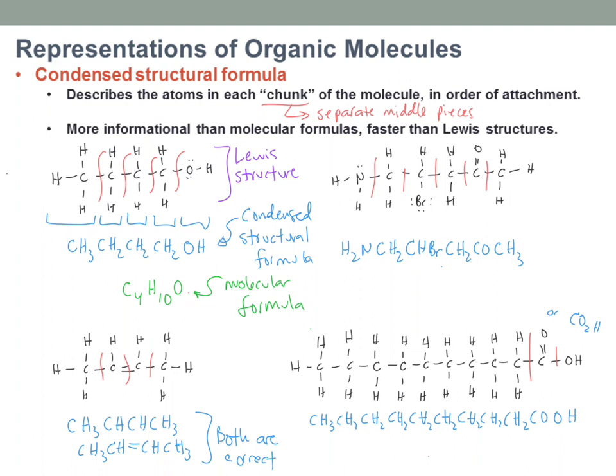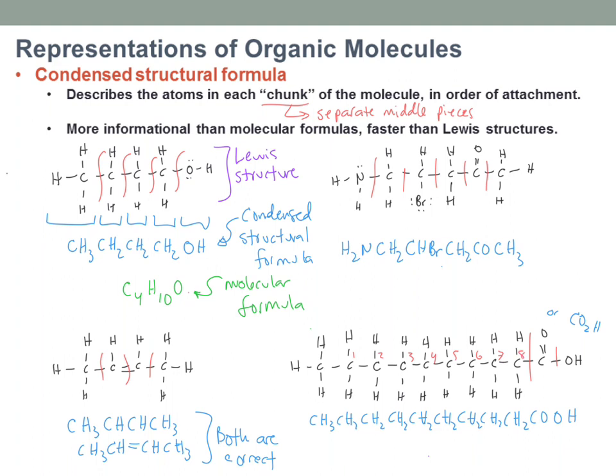Now, with this really, really long one, what you'll see in textbooks and online is that if you have something that repeats over and over again, you can just combine them. You can just condense them up. So what do I mean by that? If you have all these CH2s, you don't have to write all of them out. You can just put brackets around them and say how many there are. So it looks to me like I have 1, 2, 3, 4, 5, 6, 7, 8.